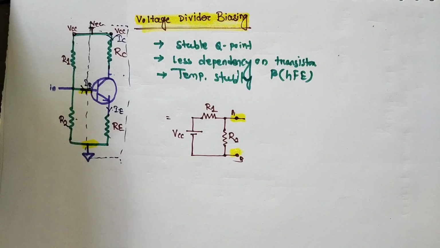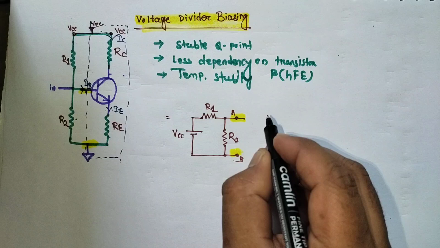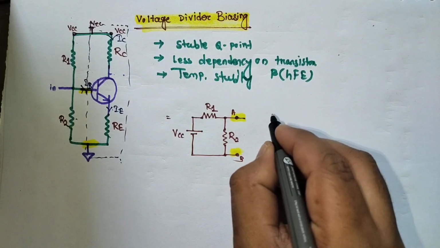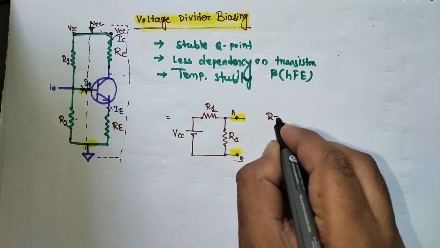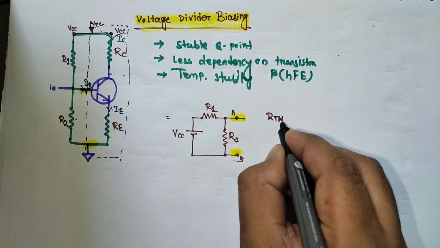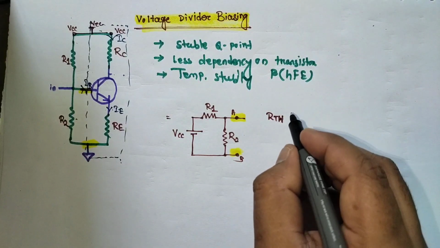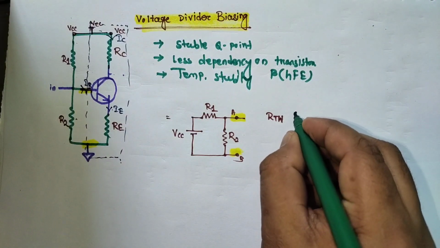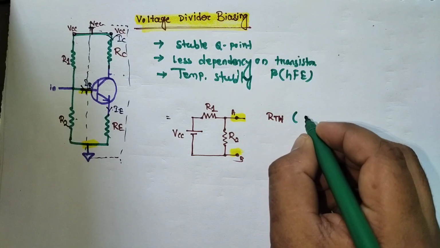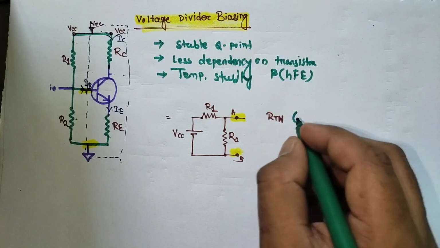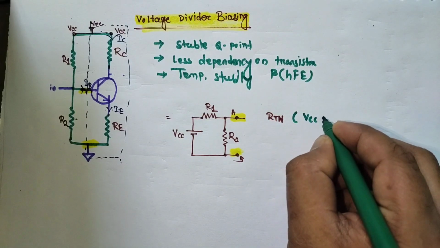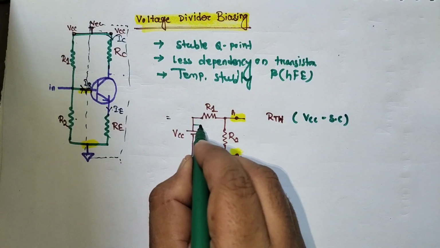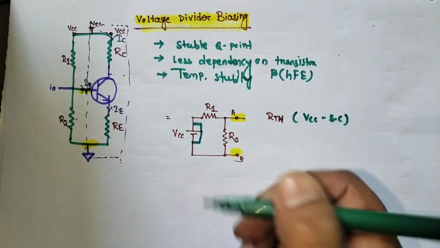Here our objective is first to find the RTH, the Thevenin's resistance. While finding RTH, the source should be deactivated, meaning VCC will be short circuited.